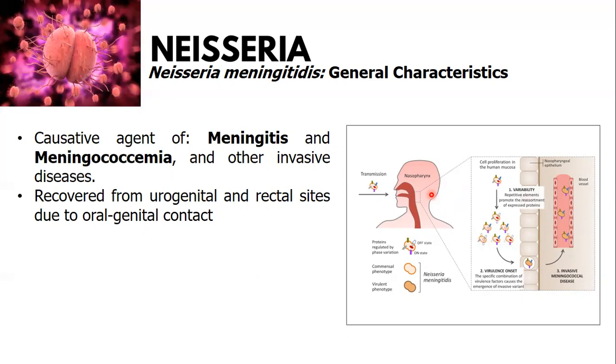And once the organism is in the blood, it will have the ability to disseminate to other parts of the body, causing invasive diseases. However, apart from causing meningitis and meningococcemia, Neisseria meningitidis has been isolated from urogenital and rectal sites due to unsafe oral-anal sex, or even oral and genital sex.